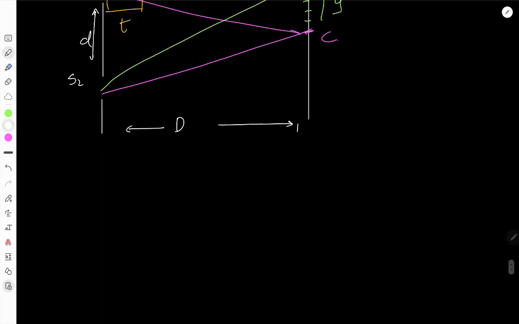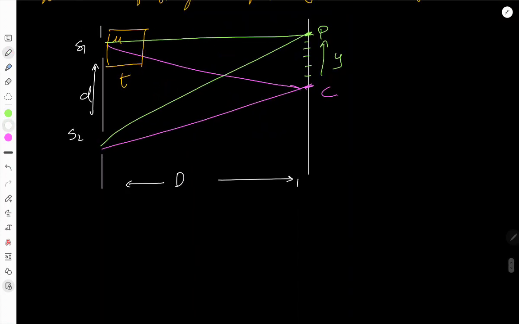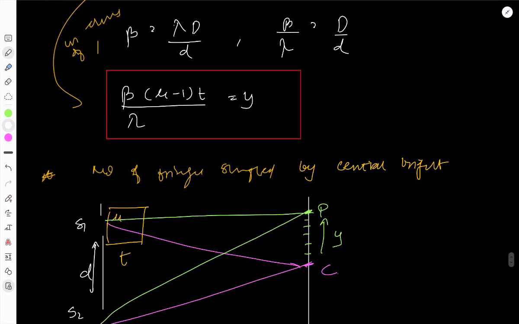So how will we do that? We know the formula for shift, that is this y that we have derived, which we can use now.